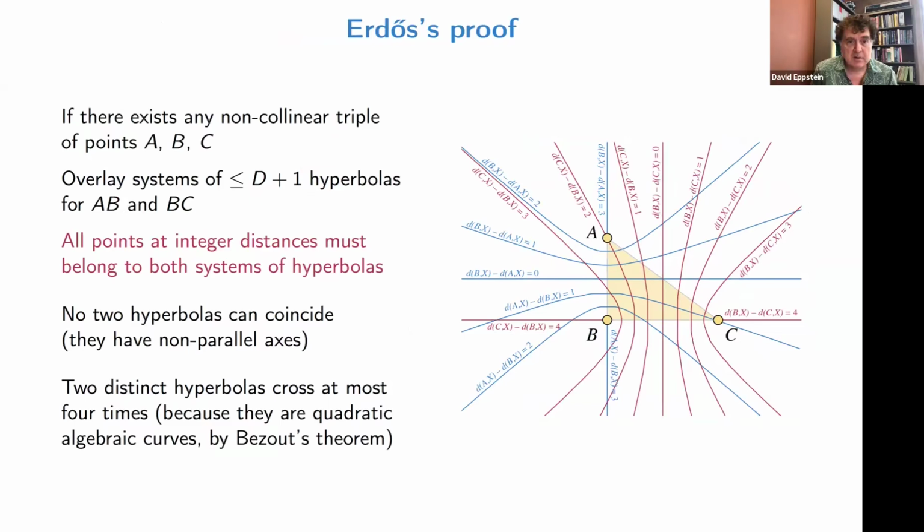So that's essentially the proof. We have a system of d plus 1 by d plus 1 hyperbolas. Each pair of those hyperbolas cross 4 times. Those crossings are the only additional points that you can have. And so your point set has to have at most 4 times (d plus 1) squared points in it.